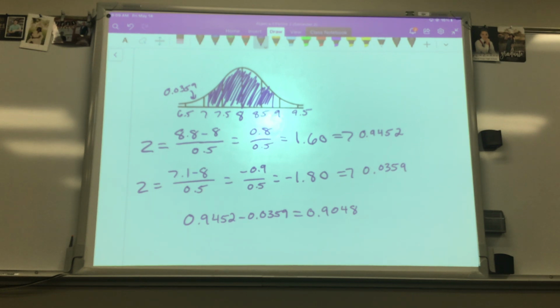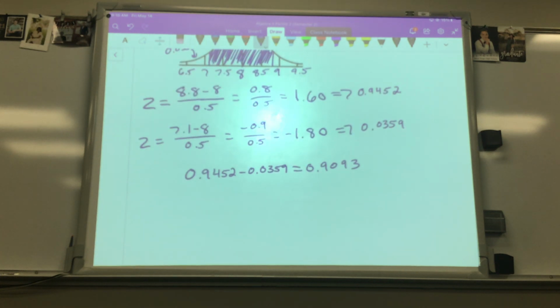Oh, yeah, that makes sense. It's Friday. 0.9093. Or if I was to change it to a percent, again, if you go percent, what do you need to make sure of? Percent symbol.